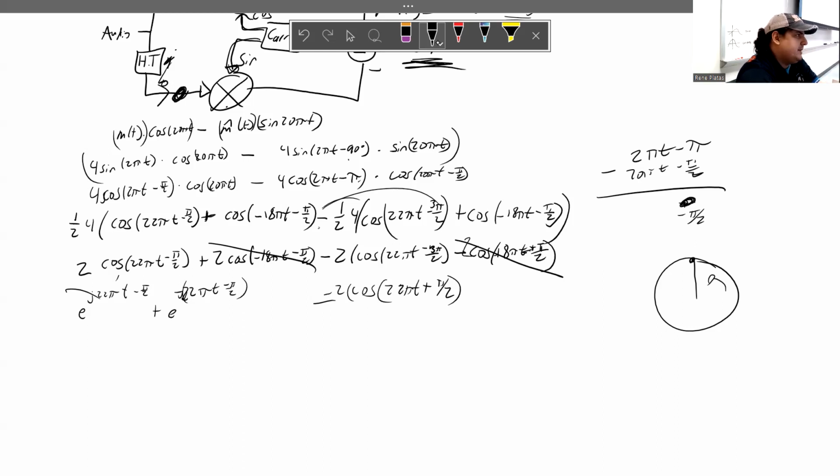Okay. There is an identity that says negative cosine is equal to cosine, right? No, wait. No, that's not it. The identity is cosine of negative theta is equal to cosine of theta.